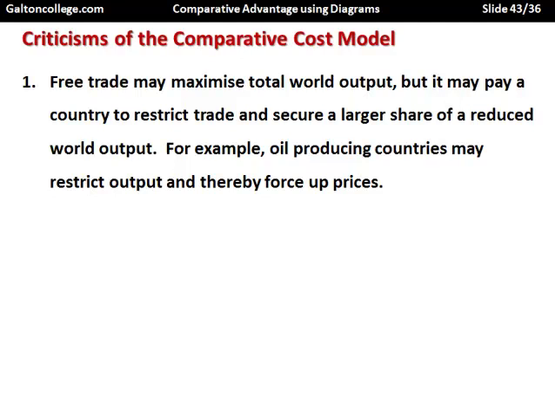OPEC, the Organization of Petroleum Exporting Countries, in the past have often restricted output so as to push up the price of oil. They know that there is an inelastic demand for oil, and they know we need oil, so if they restrict output, the price rises. So sometimes, although we talk about free trade, countries restrict trade to try and push up prices.